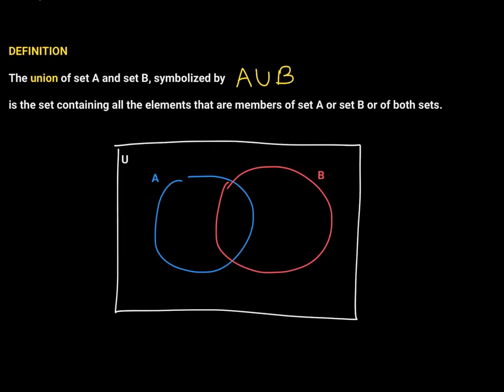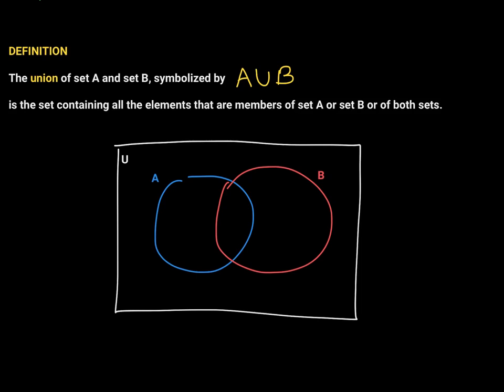All right, the union of set A and set B, symbolized with this notation, A union B, is a set containing all the elements that are members of set A or set B or of both sets. So I would like to shade for us what we understand to be A union B. All right, here we go.